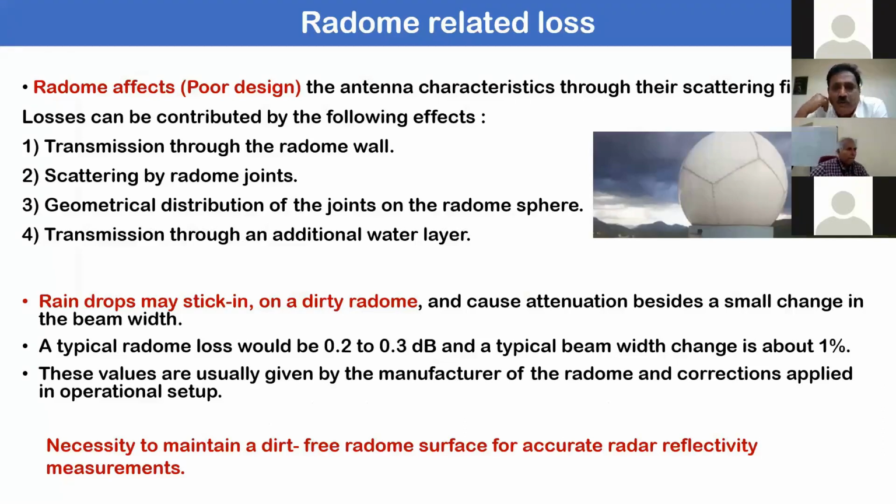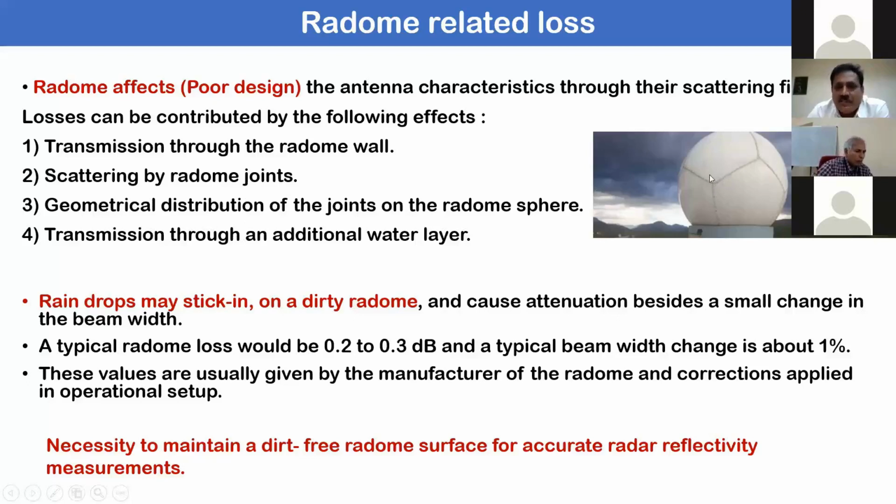To avoid those situations, we put radomes around it to protect the antenna and other electronics inside. Normally these radomes are transparent to these microwave frequencies. But sometimes from the joints you get some discontinuous echoes. So all these things we need to consider.